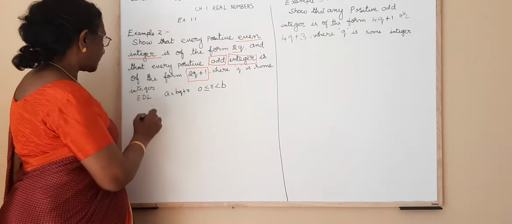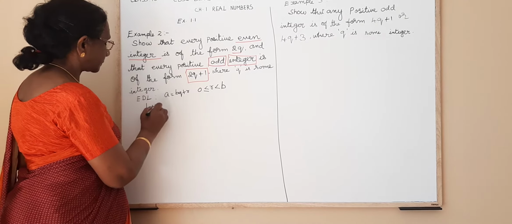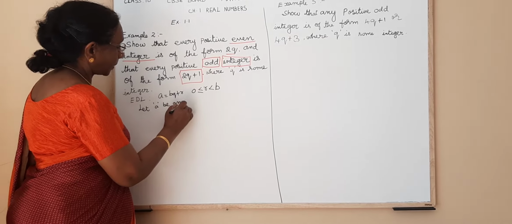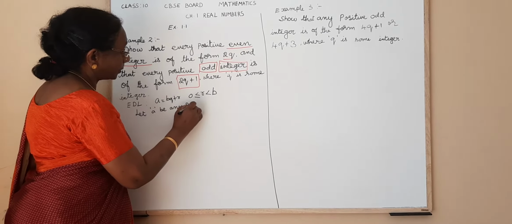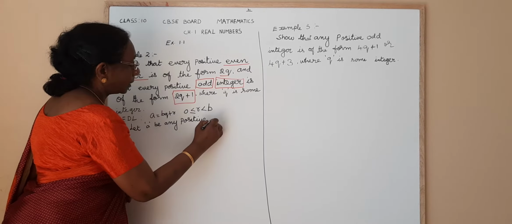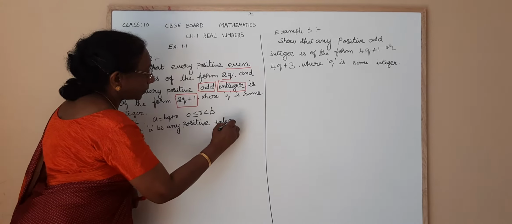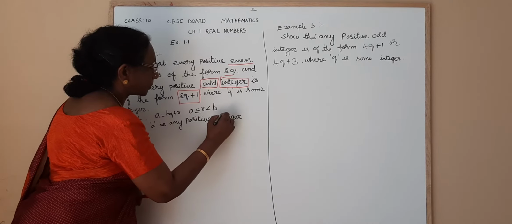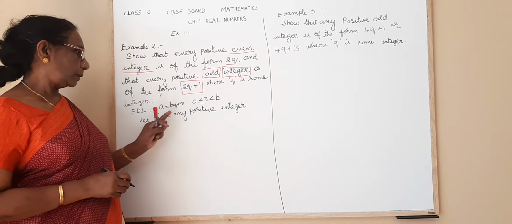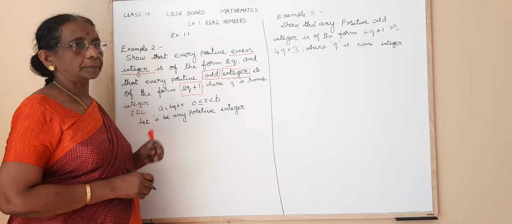Let A be any positive integer. Now we have to write this A in the form of BQ plus R.